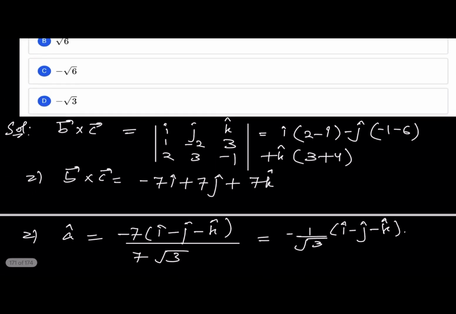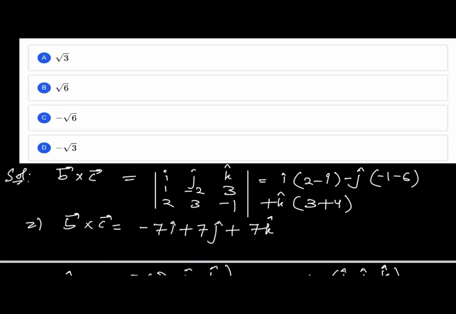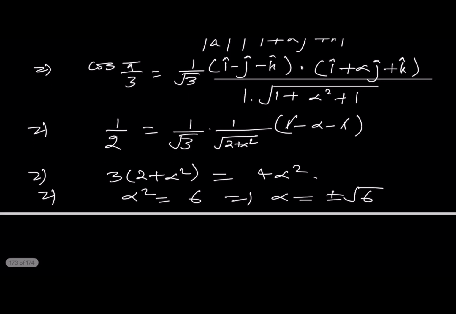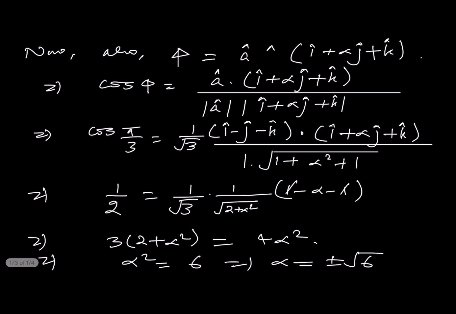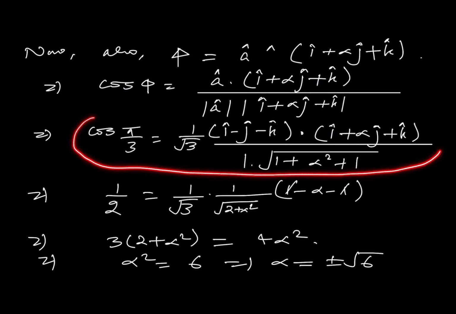Okay, but in the options root 6 and minus root 6 both are given. So we have to check both values of alpha by putting them in this equation, right?